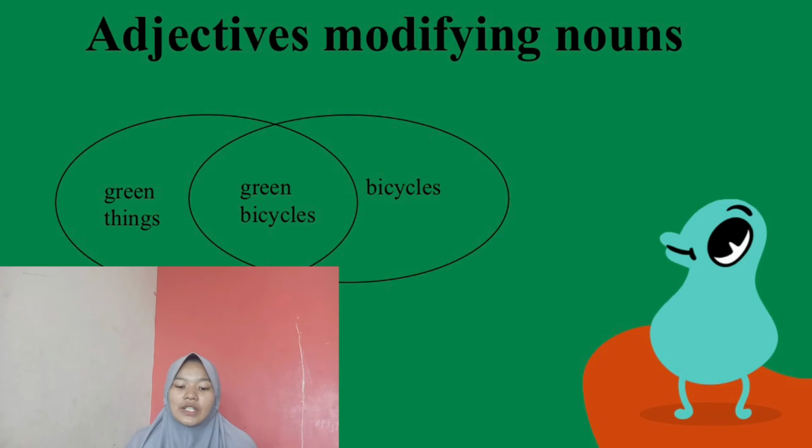The intersection of the two ovals encompasses things that are included in both sets, things that are green and also bicycles. This is a satisfactory enough account of how these two meanings are put together.